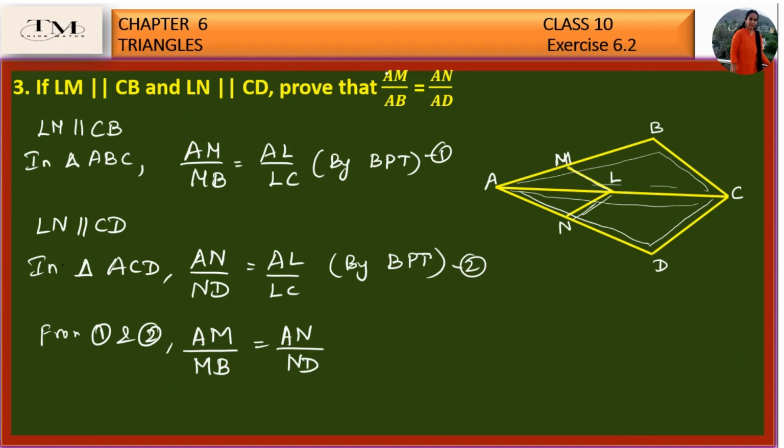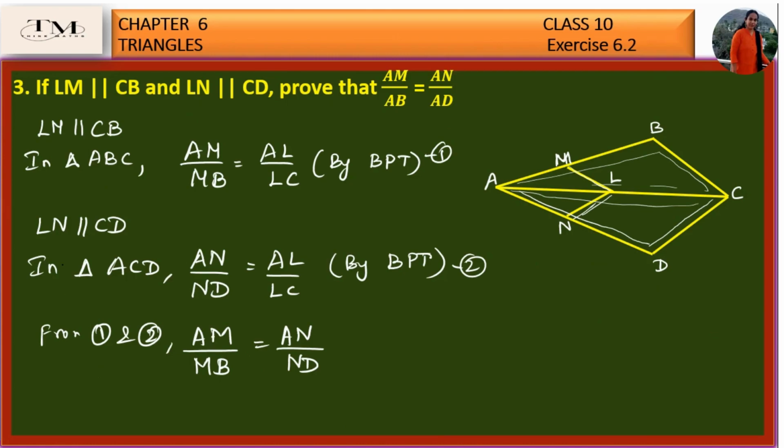So, but here we have AM by AB, this full side. On the other side, we have AN by AD. So, how to get the full side? We have to add 1. Before that, this AM here it is in numerator and AN is also in numerator. So, if we add now 1 here, we will get AB by MB.